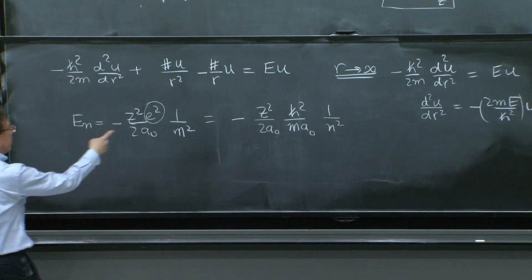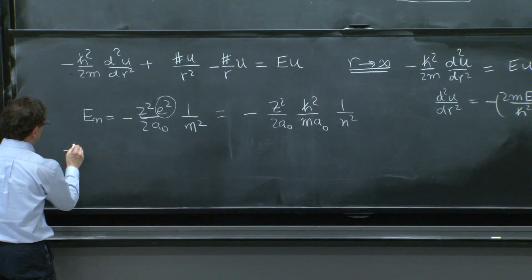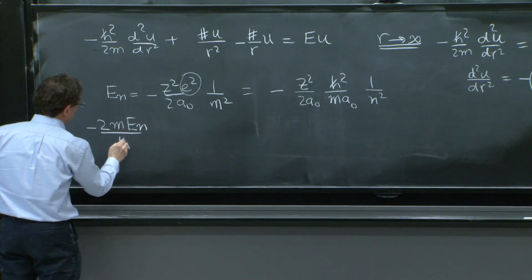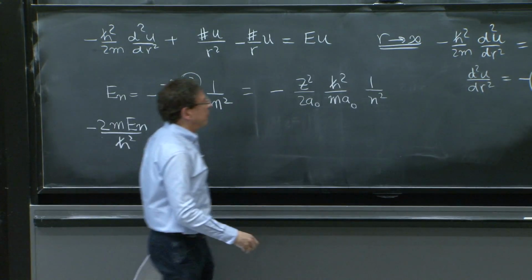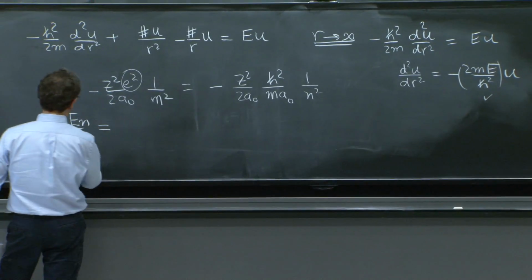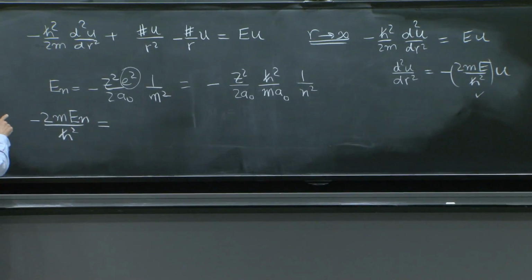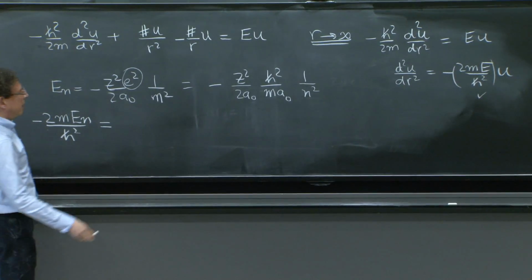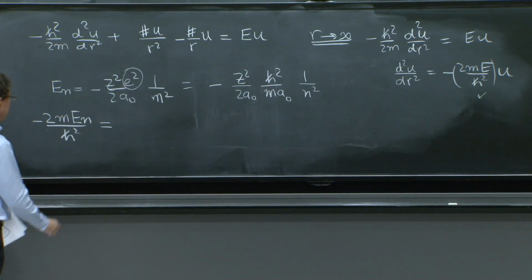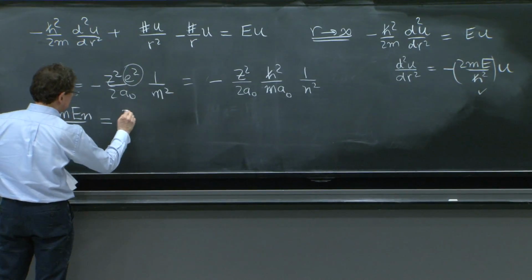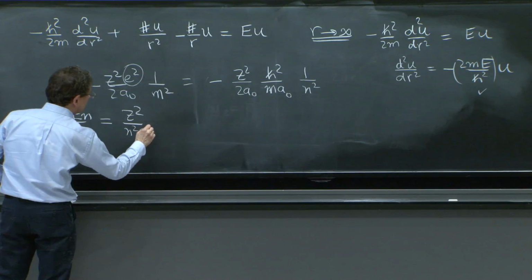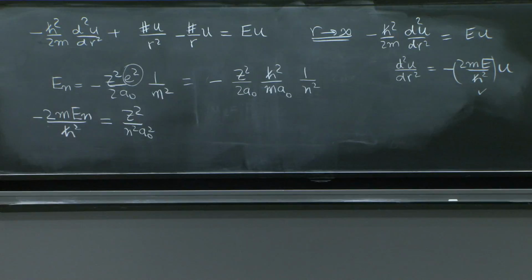A little bit of manipulation. So at the end, minus 2m en over h squared, which is what I need from the differential equation. I must multiply by minus 2m over h squared. You see that the minus 2m over h squared will disappear. So you get here z squared over n squared a naught squared. Okay, a little bit of manipulation.